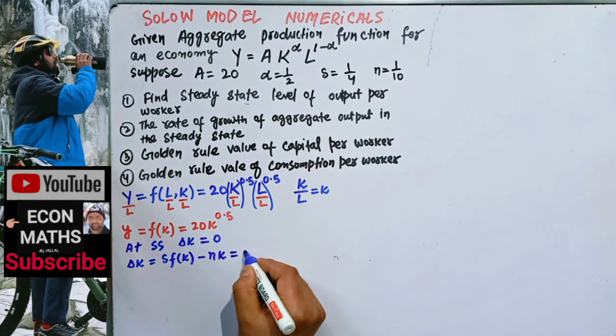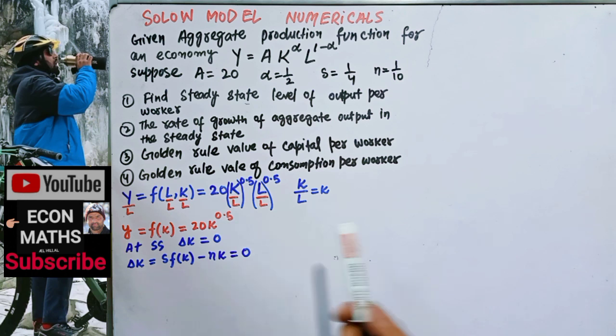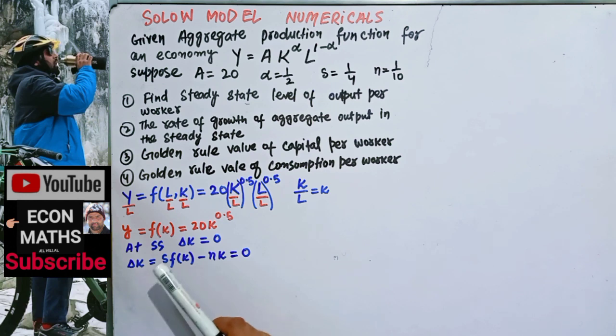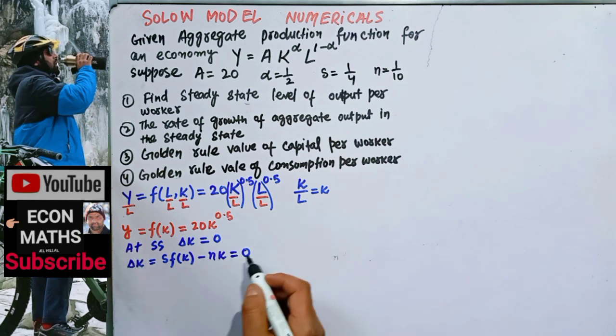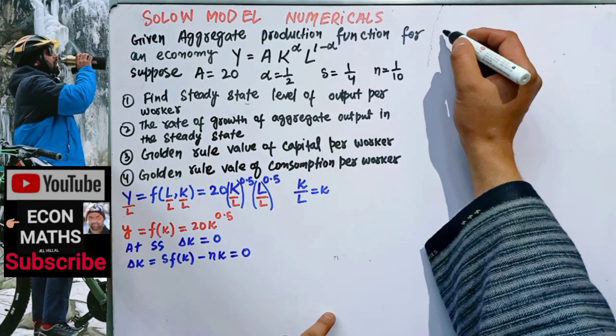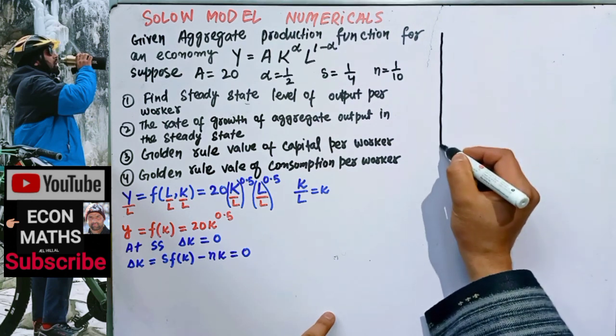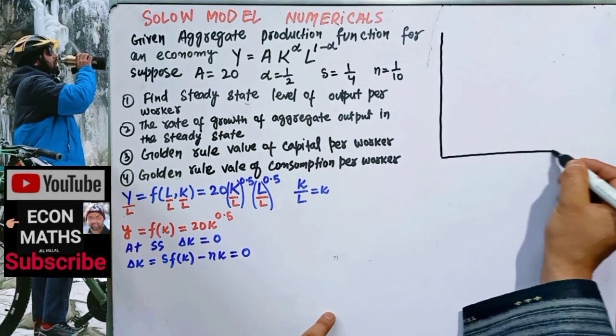It should be equal to 0. As we have learned in the earlier video, in steady state capital per worker is constant, that means change in capital stock is equal to 0. Let's show it graphically to make more sense of what exactly we are doing here.